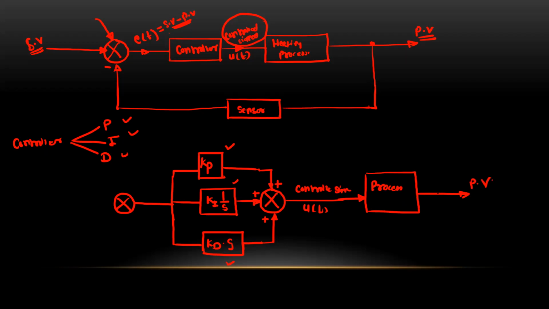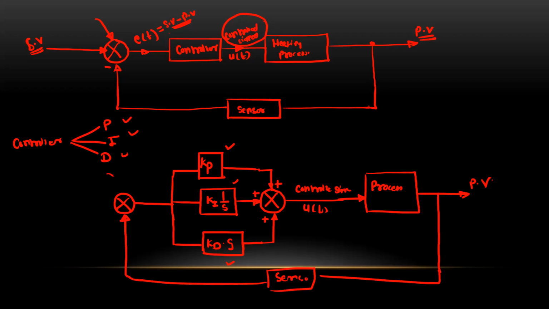Then we have the feedback element, which is the sensor. This is given to the comparator, which is the summing point for the set value and the process value, and it will generate the error signal.